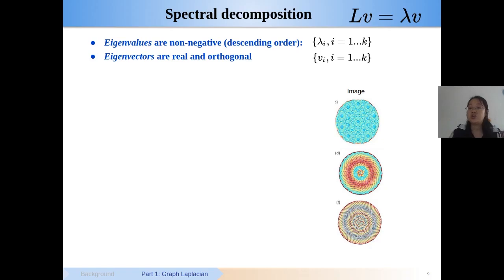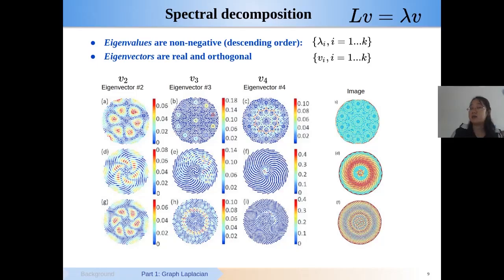Here I show you a simple example from natural images. On the right, we have 3 examples of images. What do the eigenvectors look like? We can see that the eigenvectors capture different patterns inside the image, and each pattern corresponds to a different frequency.